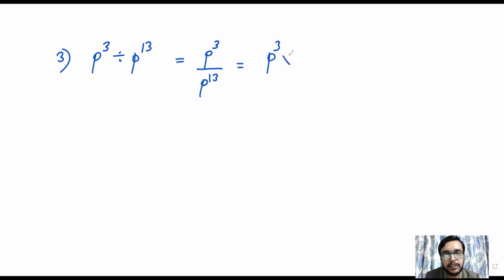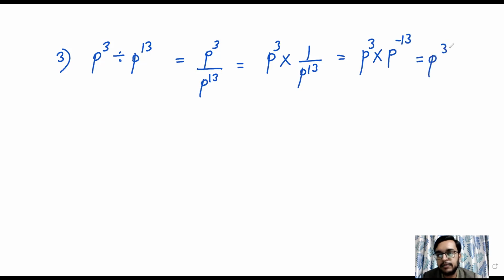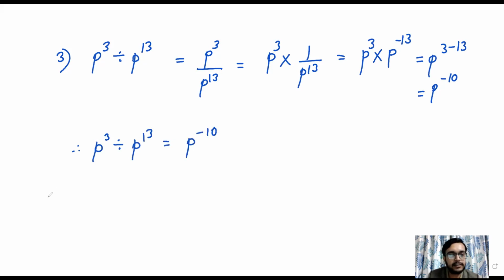Here p cube into 1 upon p raised to power 13, and 1 upon p raised to power 13 becomes p raised to power minus 13. When we subtract a bigger number from a smaller number, the answer will be negative 10. Therefore p cube divided by p raised to power 13 will be equal to p raised to power minus 10.